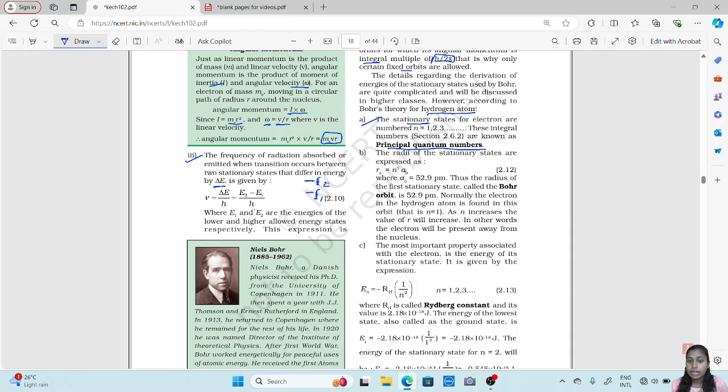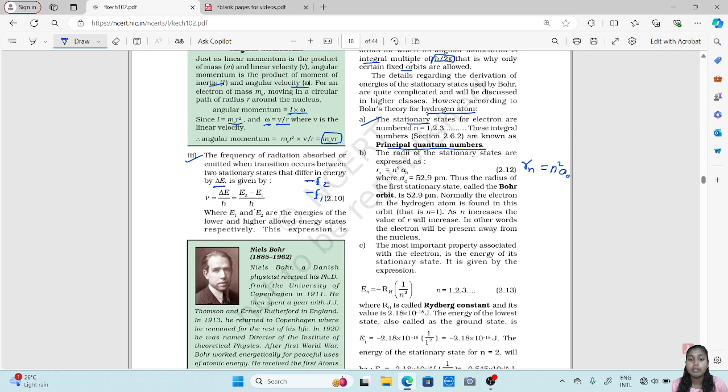Second point: the radii of the stationary states are expressed as Rn equals n square a naught. Now what is a naught? A naught is 52.9 pm.